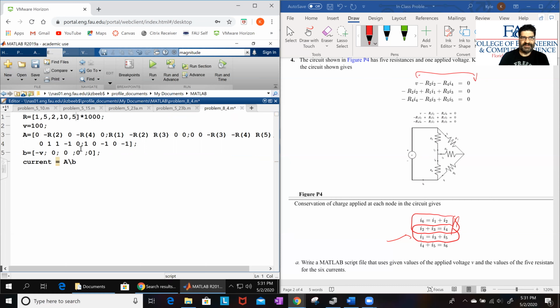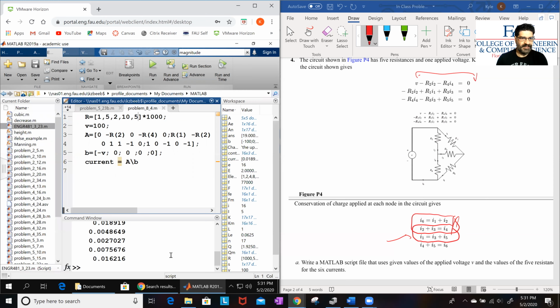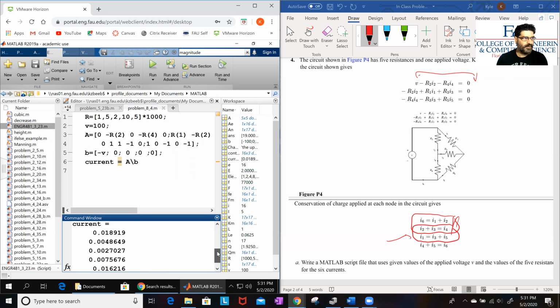So that is 5. And let me rerun this and see what we get. Yeah, that looks much better. So that's it: current 1, current 2, current 3, current 4, current 5.